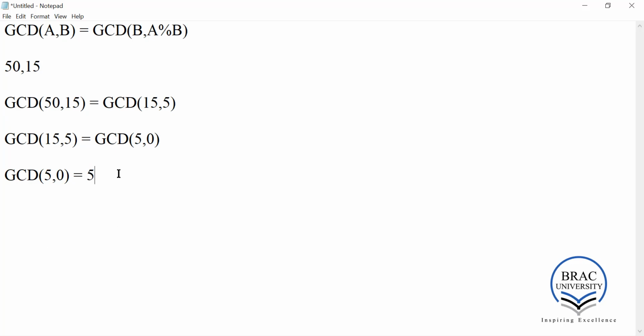So you can see that I need to write a recursive function. Recursive means I am going to call my own function again and again. If my function is like that, int a comma int b, I just need to check if b not equal 0, then I have to calculate GCD of b comma a mod b.